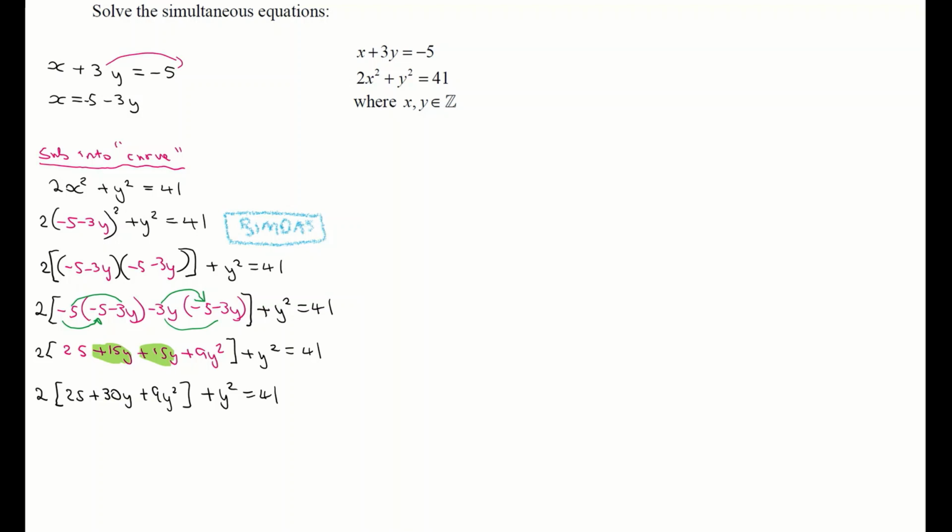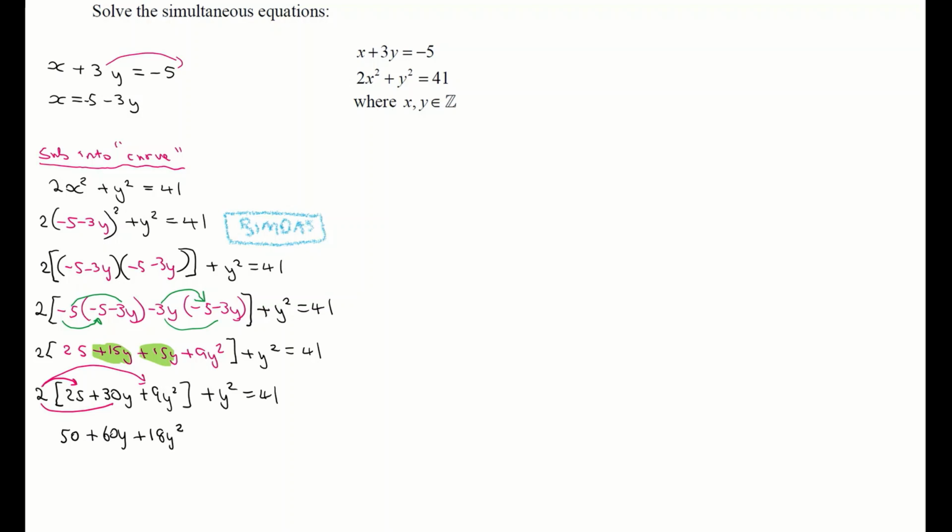I've tidied it up as much as I can. Now I'm coming to the part of my BIDMAS for multiplication. So I'm multiplying in this 2. So 2 by 25 is 50. 2 by 30y is 60y. And my third jump is 2 multiplied by 9y squared, which is a positive 18y squared.